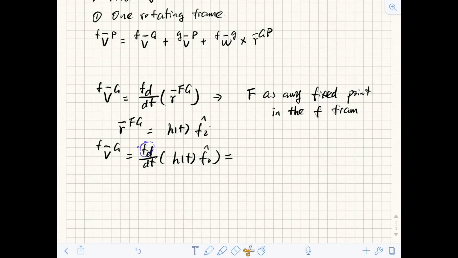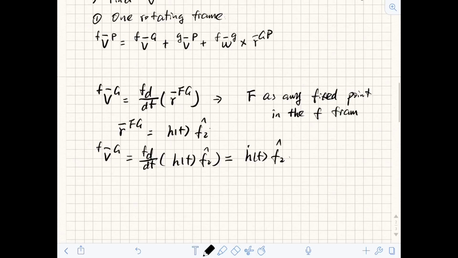All we have to do is take the derivative of the scalar term, h dot in the F2 direction. So this is the first term.